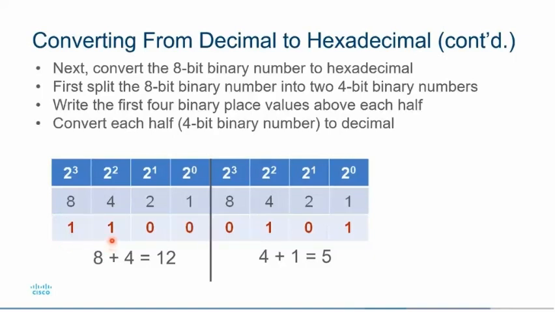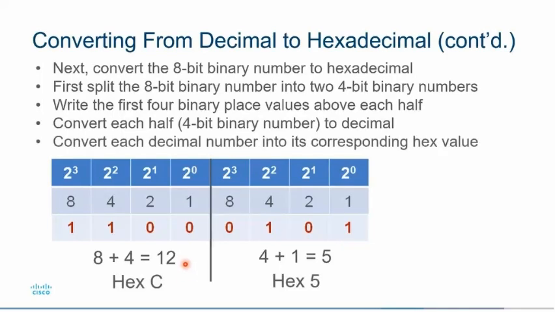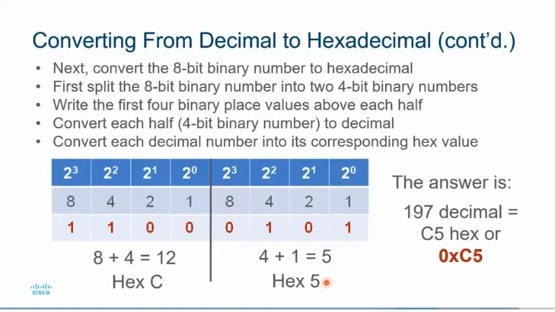And on the right side, we get 4 plus 1, which equals 5. If we convert those to hex, 12 decimal is the equivalent of C in hex, and 5 decimal is the equivalent of 5 in hex. Therefore, 197 in decimal is C5 in hex, or it can also be written with a 0x preceding it to indicate that what follows is written in hexadecimal.